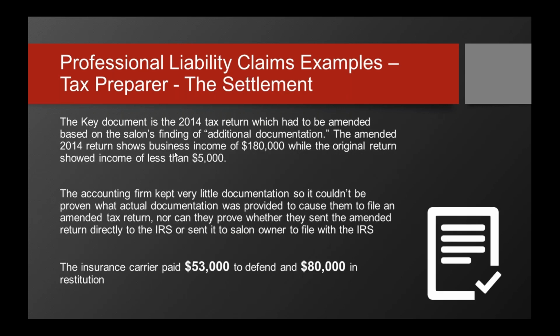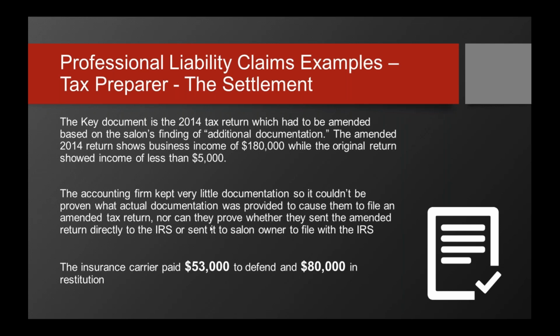Initially, the return showed business income of $180,000, when in actuality it really was $5,000. So it looked like they were cooking the books. And if there was documentation on why they did that, then maybe there'd be a case to be made. Well, they didn't make a mistake. But without having documentation, it looks like they just manipulated the numbers.